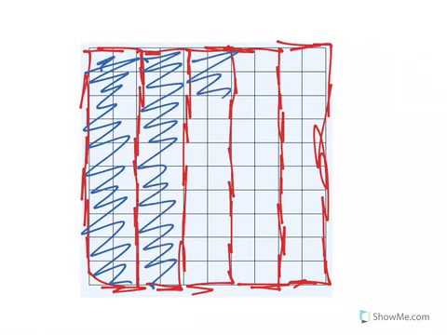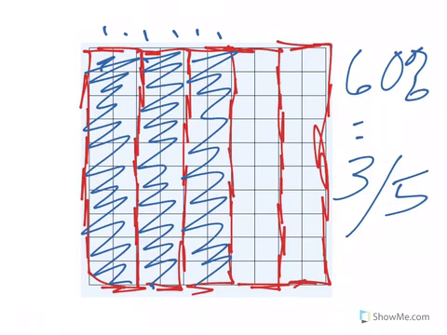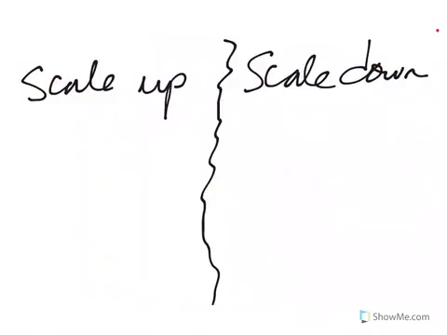I filled in 3 of those parts. That would be 1, 2, 3, 4, 5, 6 columns. There's 10 per column. 60% equals 3/5 of 100.